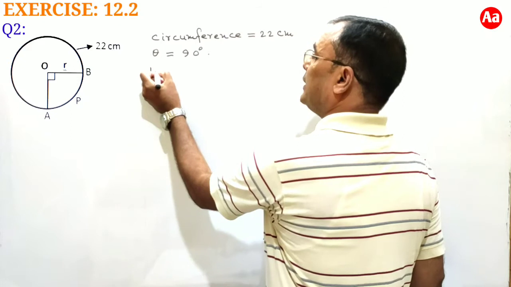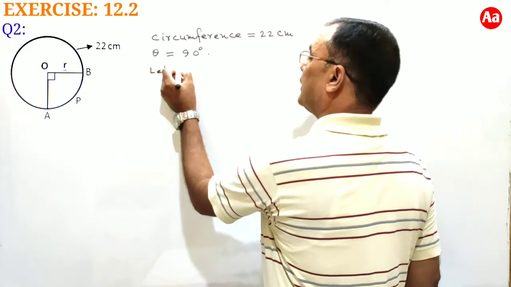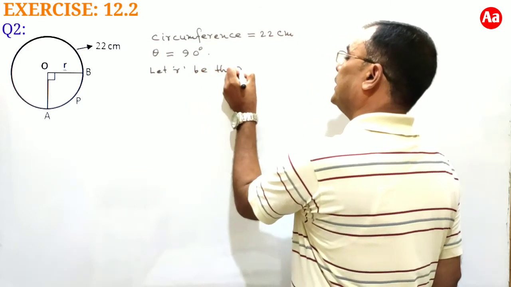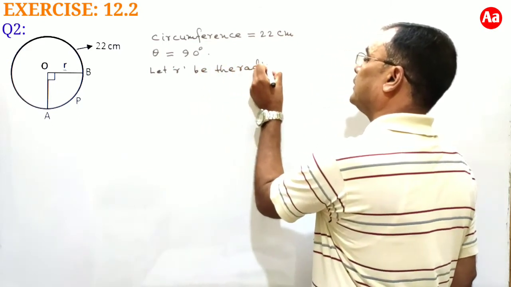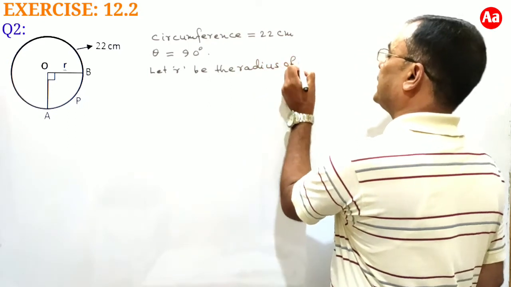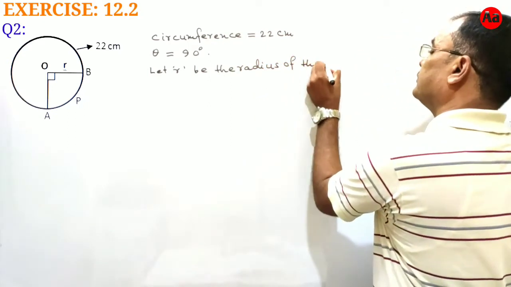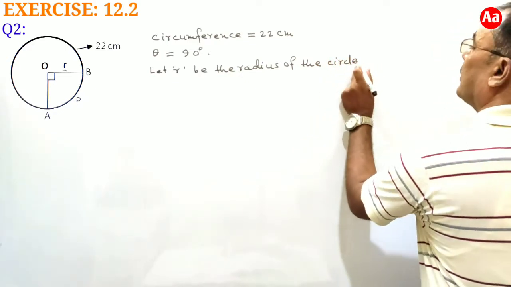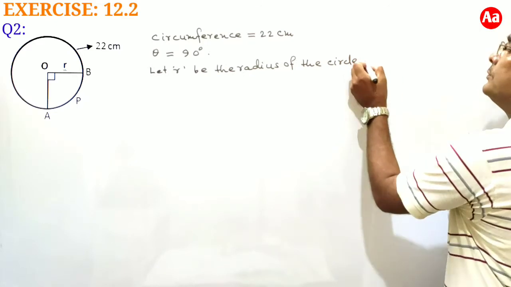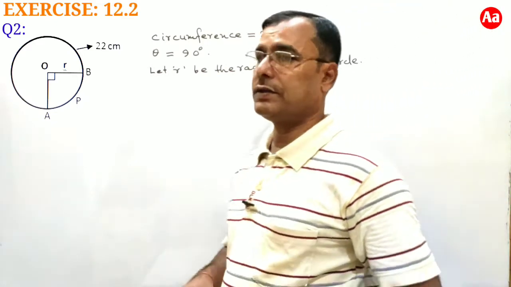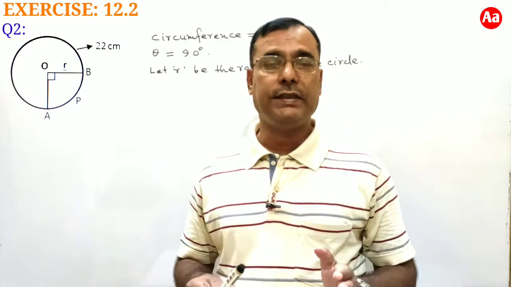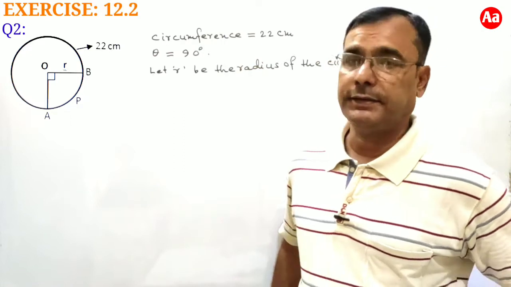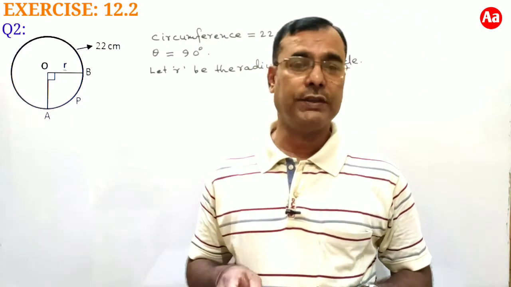Let R be the radius of the circle. We are given circumference of the circle 22 centimeter.